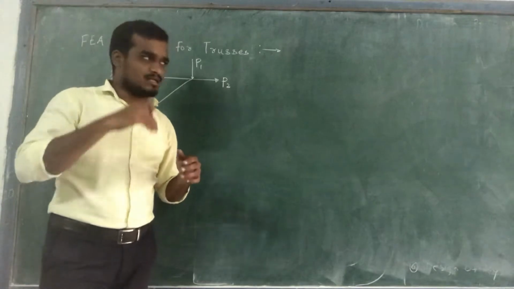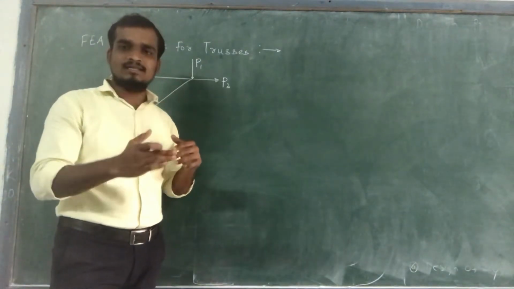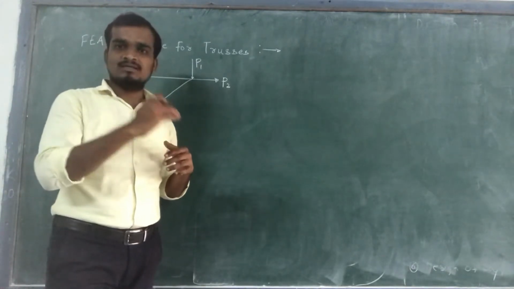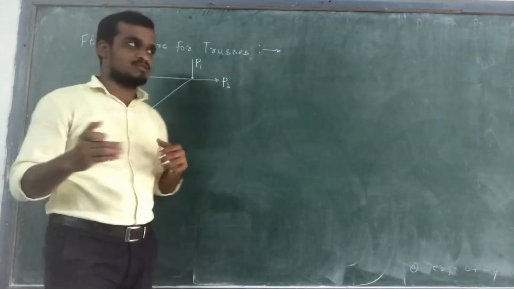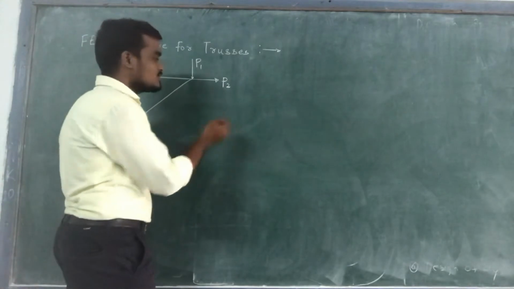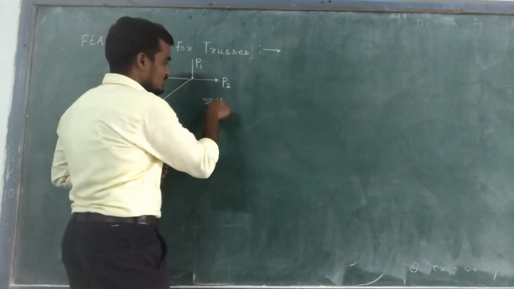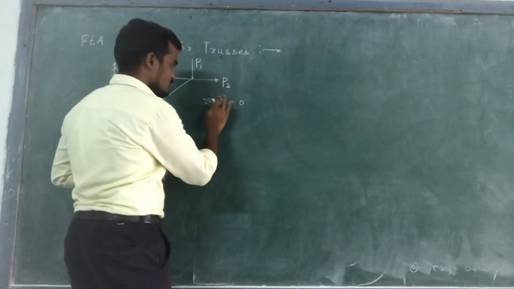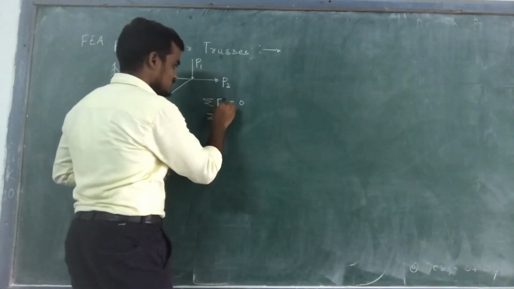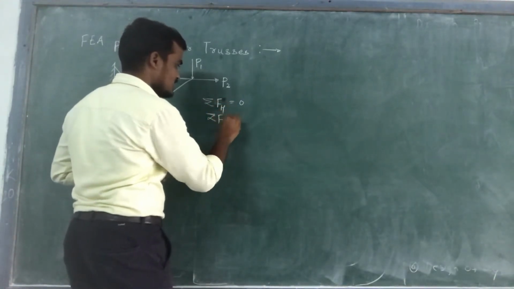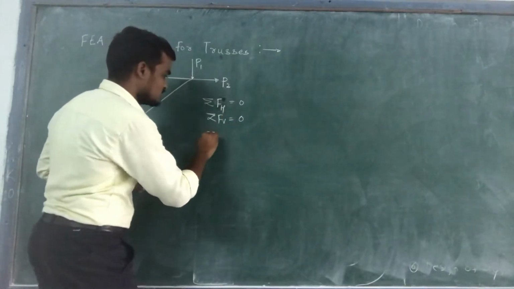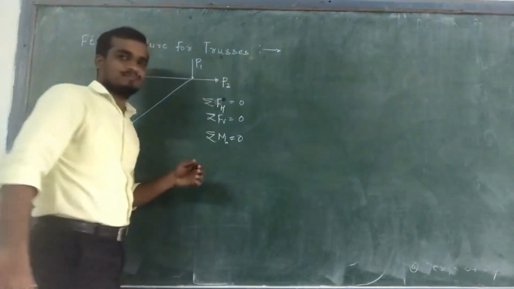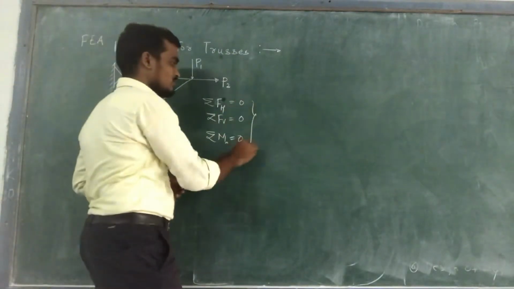And if the number of unknowns is greater than the number of equilibrium equations, then it is called an indeterminate structure. The equilibrium equations are: summation of forces in the horizontal direction equals 0, summation of forces in the vertical direction equals 0, and summation of moments about any point equals 0. So these are three equilibrium equations.